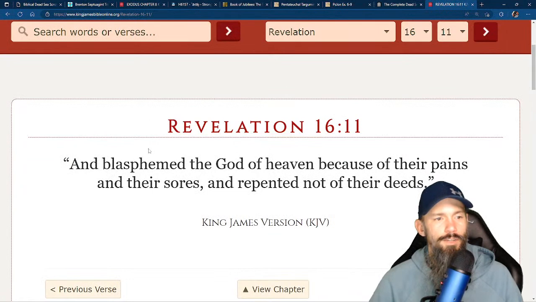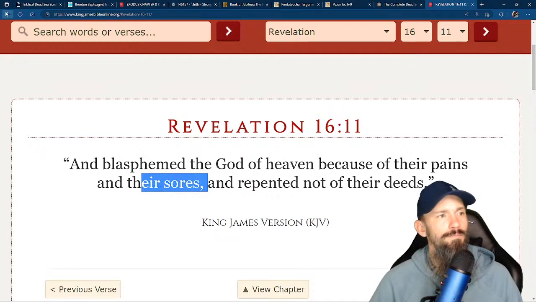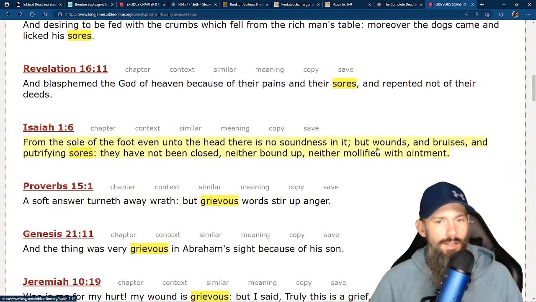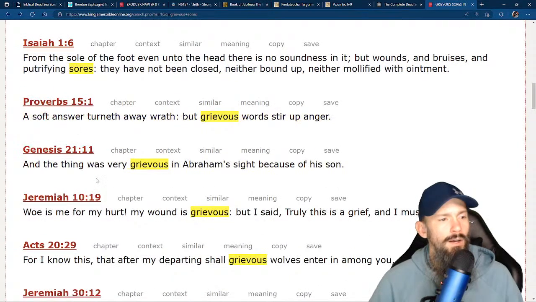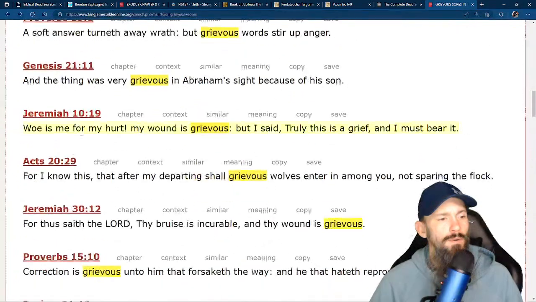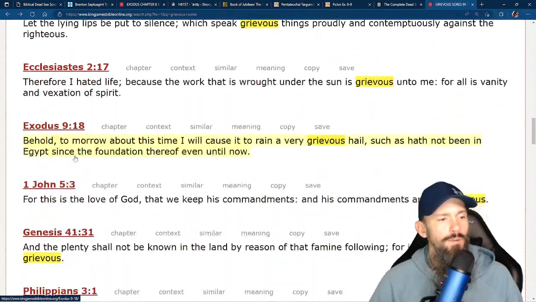Revelation 16:11, and blasphemed Elohim of heaven because of their pains and their sores, and repented not of their deeds. And putrefying sores. Where's grievous sores at?